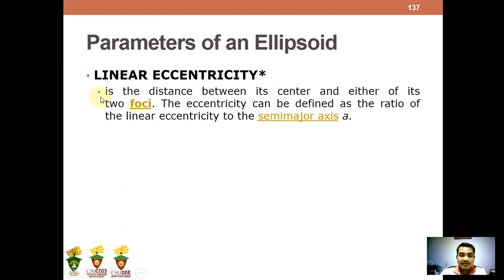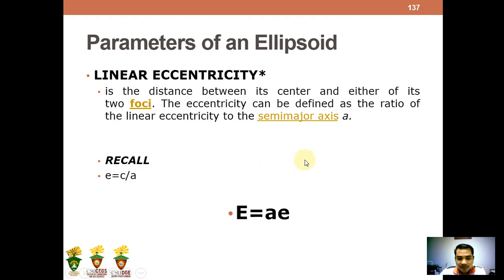The linear eccentricity is the distance between the center and either of its two foci. The eccentricity can be defined as the ratio of the linear eccentricity to the semi-major axis a. Let's recall that eccentricity earlier is equal to c over a, from the notation of the ellipse in the illustration. Therefore, the linear eccentricity is equal to c, because it means the center to either of its two foci.